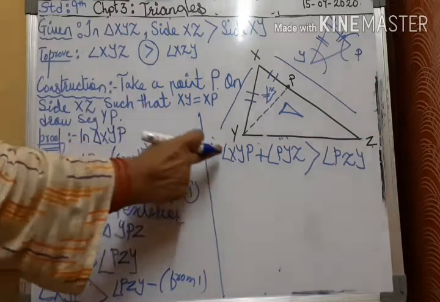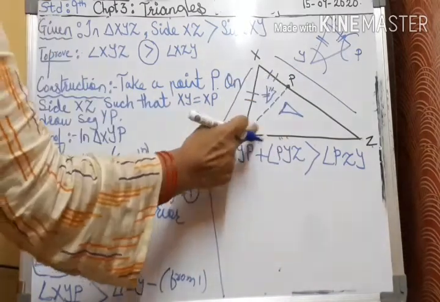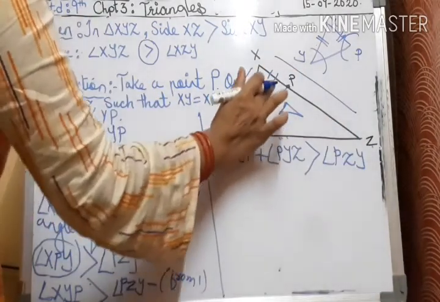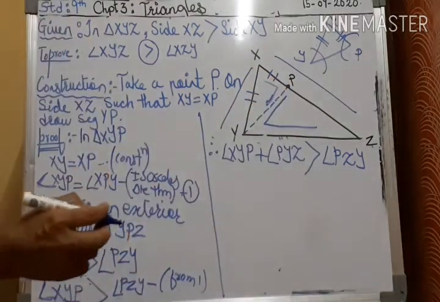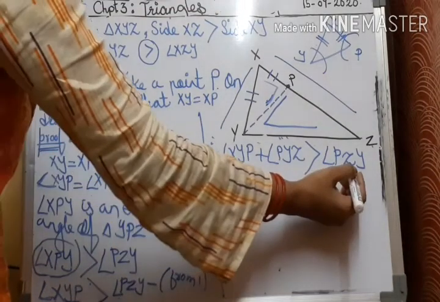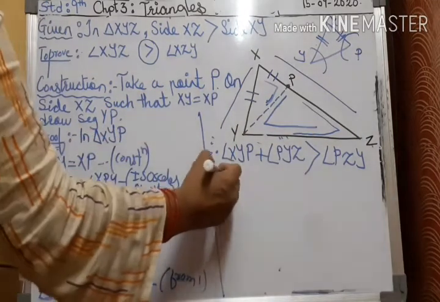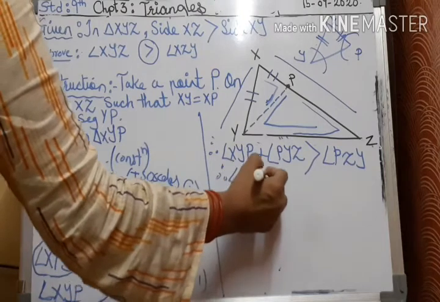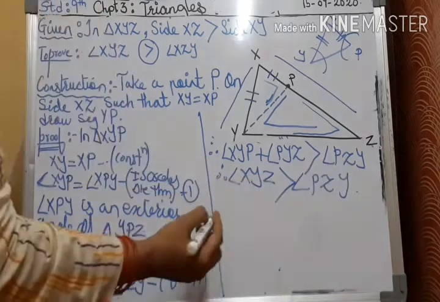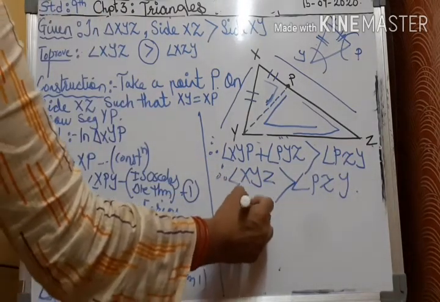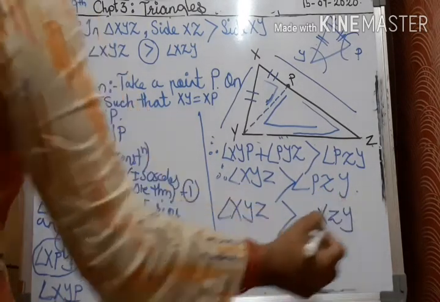See here, XYP plus PYZ, both the angles XYP and PYZ together are greater than PZY. So therefore angle XYZ is also greater than angle PZY. XYZ we will write as it is, XYZ is greater than angle XZY.